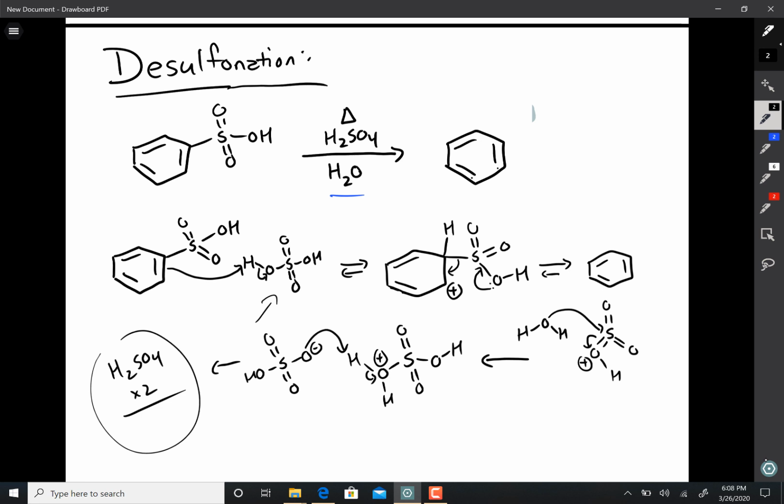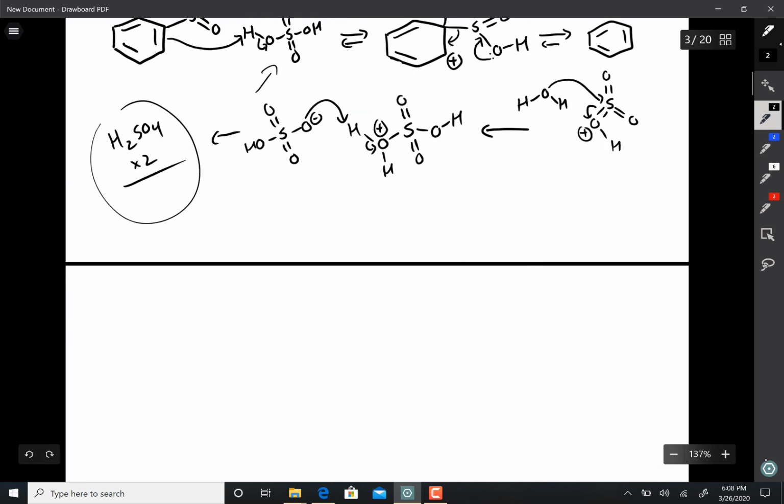Now, this is actually a pretty useful reaction, being able to put on a group and off a group. So, I'll give an example of a practical use of this. Let's say you take a benzene ring and brominate it.